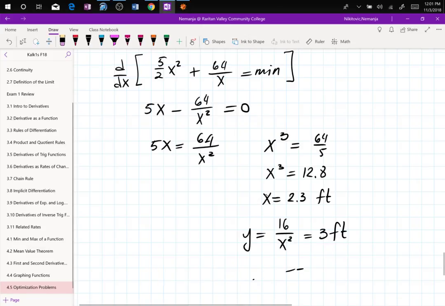So now, much better answer. 2.3 by 2.3 by 3 feet. And that's that.